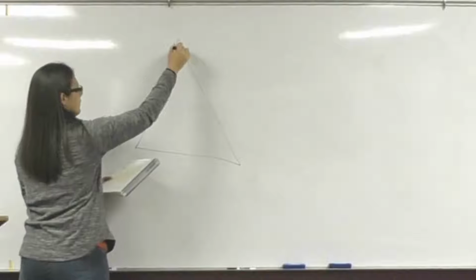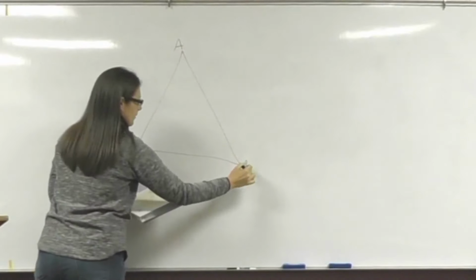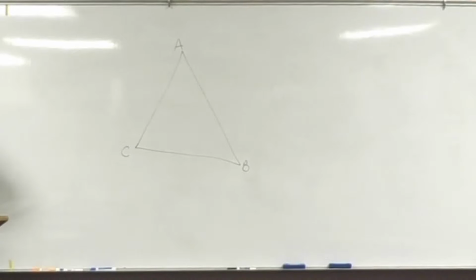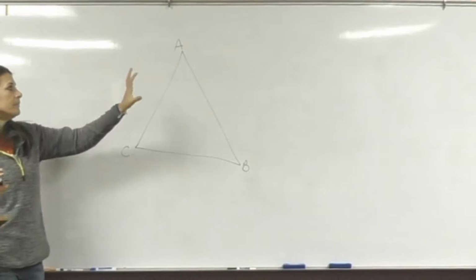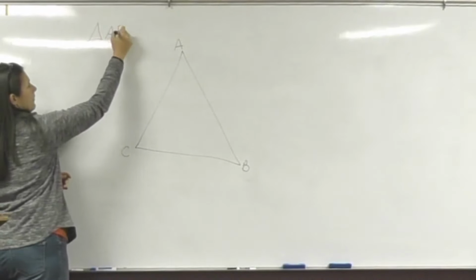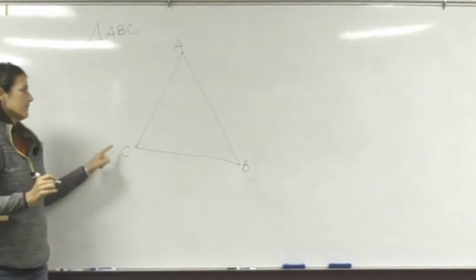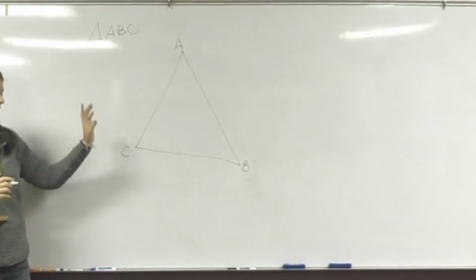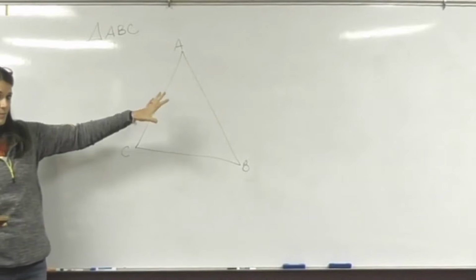This is triangle A, B, C. Okay, so this would be named triangle ABC, like this. My angles have capital letters as their names.